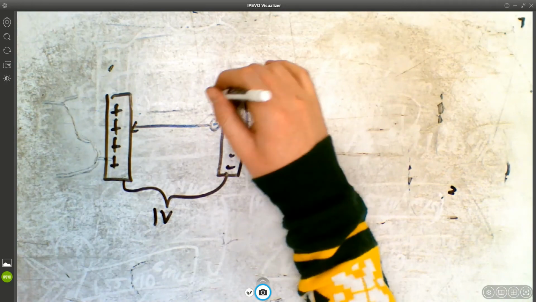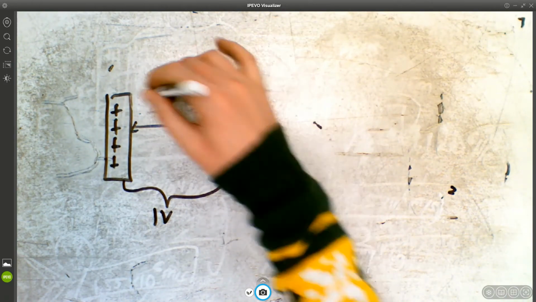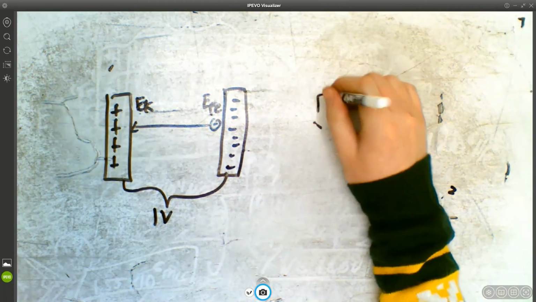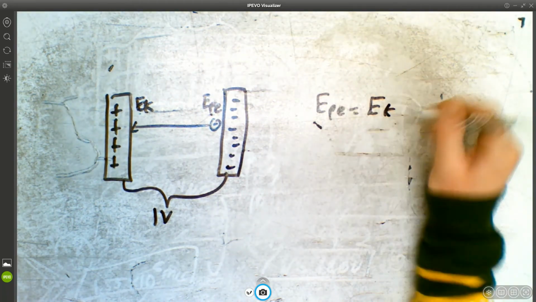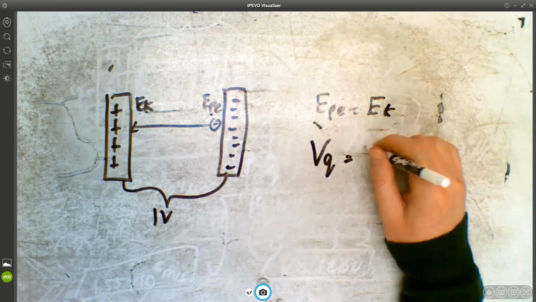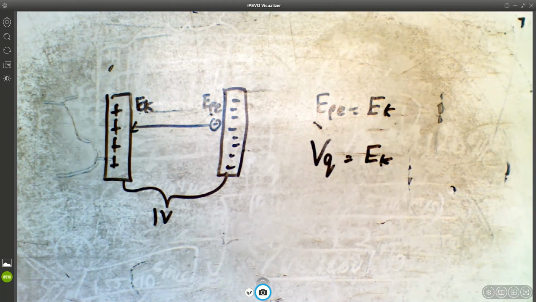So here it's got electrical potential energy. Here it's got kinetic energy because it speeds up. So my EPE is going to equal my EK, and VQ is going to be equal to EK.